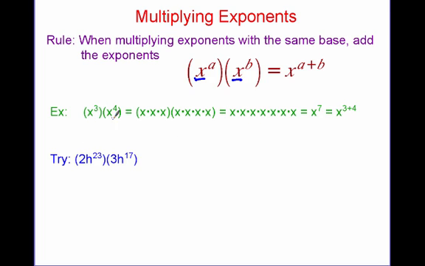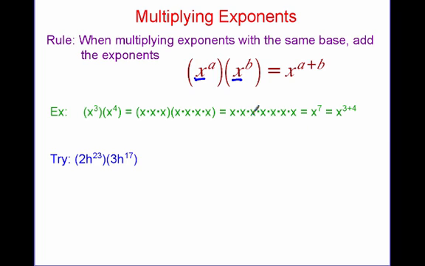If I take x cubed times x to the fourth, we know x cubed is x times x times x, and we know x to the fourth is x times x times x times x. These parentheses are just telling multiplying, so I can get rid of them, so this is one giant multiplication problem.